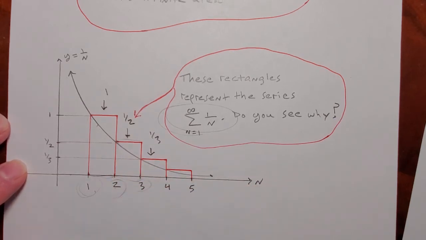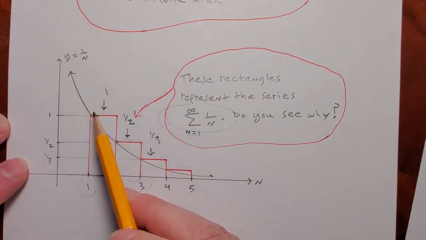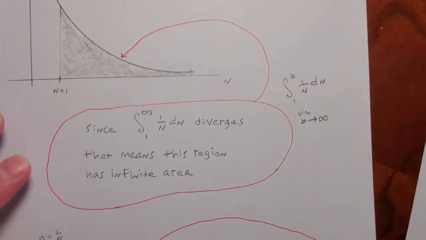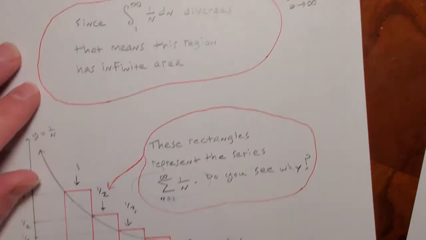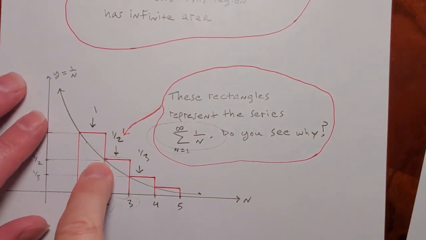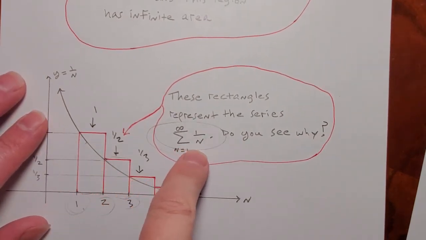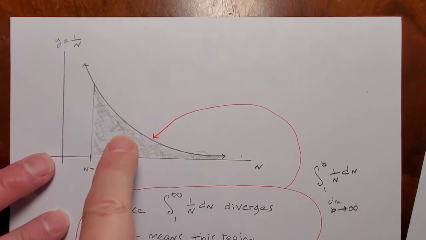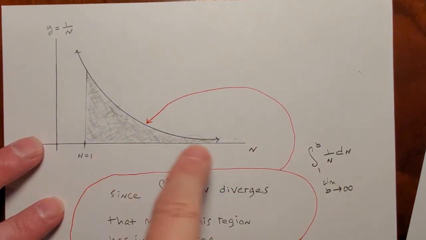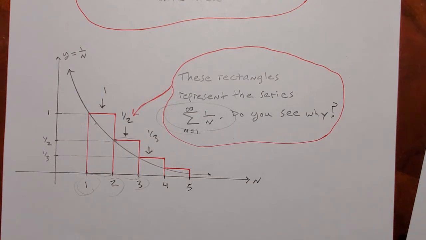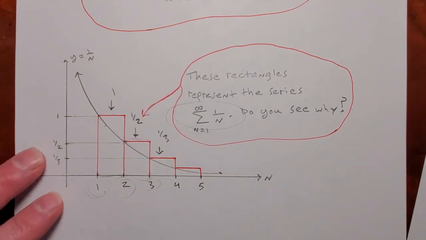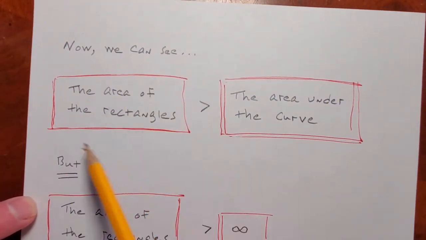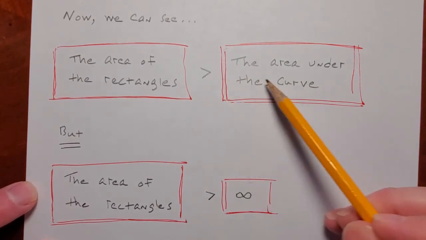Now, as I've drawn it, isn't it true that the total area of the rectangles is more than the area under that curve from 1 to infinity? Well, you look at the picture. The rectangles are taller than the curve, so yes, it's going to be more. That's where the integral test works for us. The area of those rectangles is more than the area under that curve.